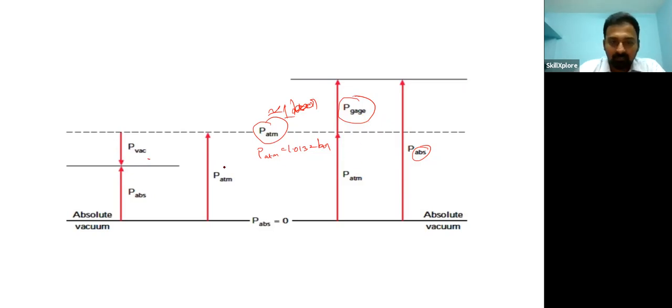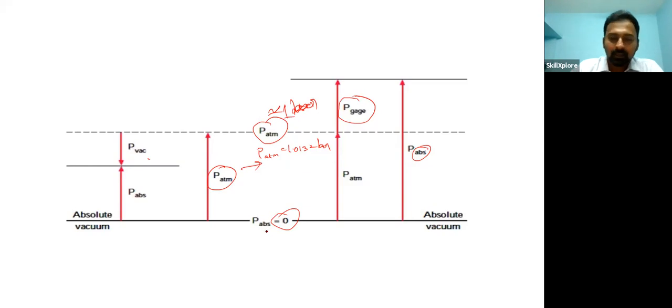We all know that atmospheric pressure has some value. If the pressure is absolutely zero, we call it absolute vacuum. We cannot attain absolute vacuum in air because atmospheric pressure is a very influencing thing.